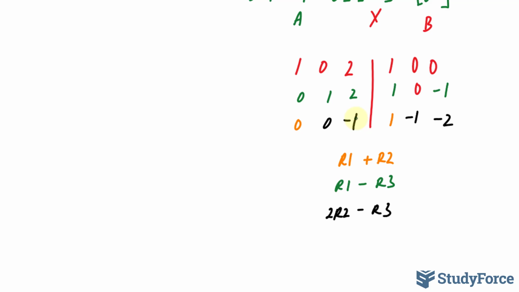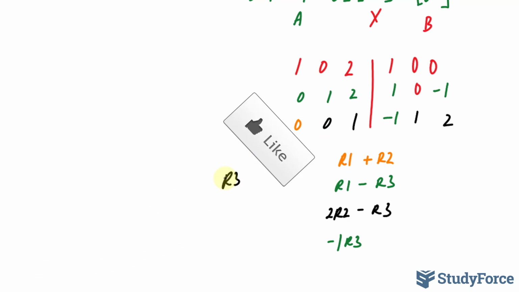Now, we have to make this negative 1 into a positive 1, and I can do that by multiplying all of row 3 by a factor of negative 1. That makes this positive, negative, positive, and positive. The final two things that we have to do is make these two 2's into zeros. Starting with this 2, I can multiply all of row 3 by 2, and then subtract it from row 2.